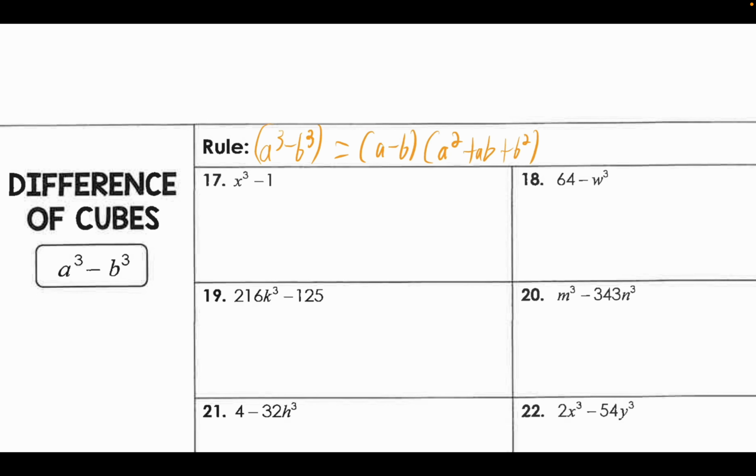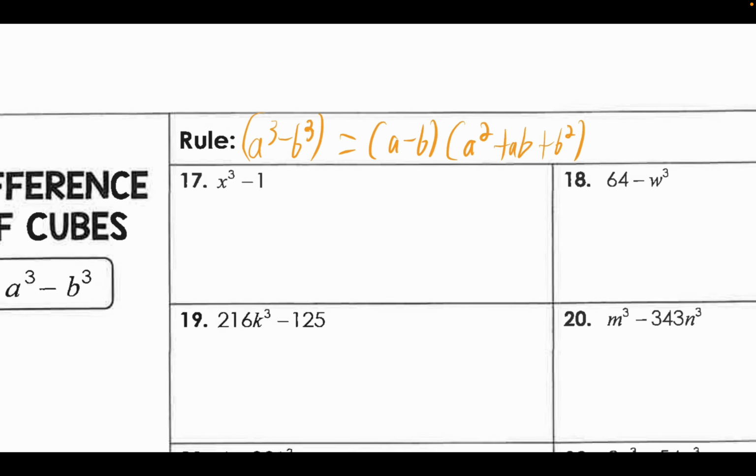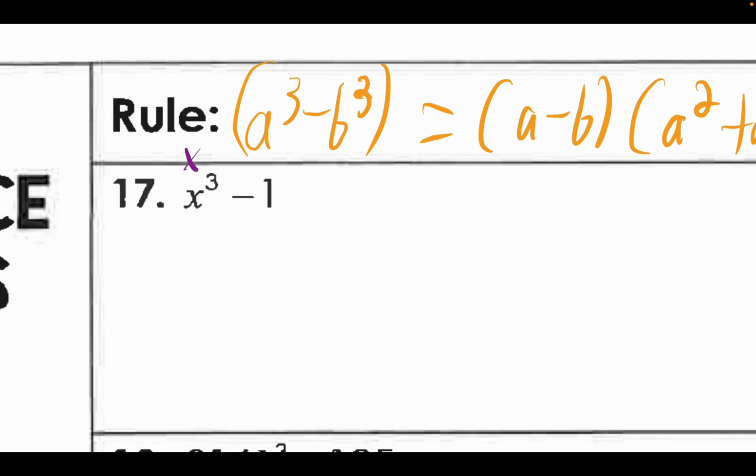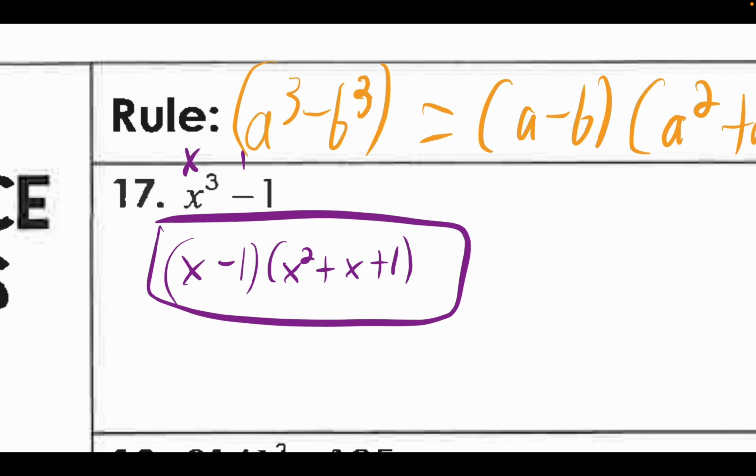So let's practice some of these problems. So on number 17, the cube root of x cubed is x, and the cube root of 1 is 1, and so we follow the rule with x being a and 1 being b. So we have x minus 1, and then x squared for a squared, plus 1 times x, which is x, plus b squared, which is 1, and that is our factored form.